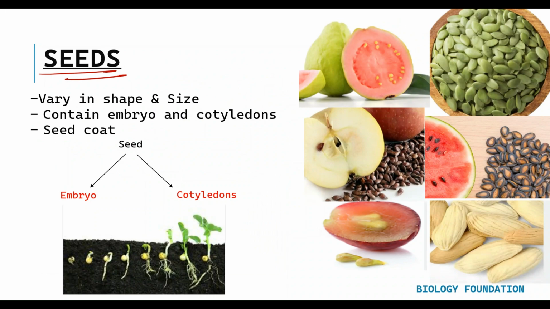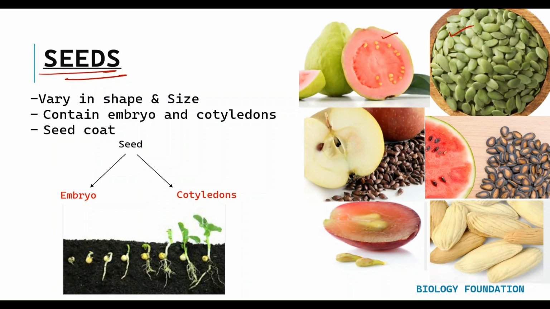Even in the first slide, I told you there are various kinds of plants, and each plant produces different types of fruit, and each fruit can enclose seeds of various shapes and sizes. I mean, the seeds produced by plants can vary in their shape, size, and color. For example, if you see the guava seeds, they're quite small, right? And whitish or yellowish in color.